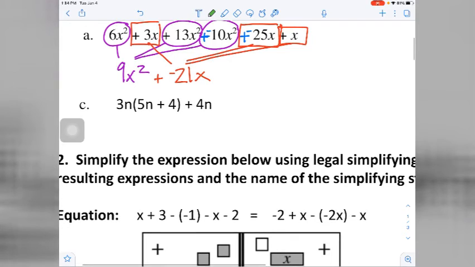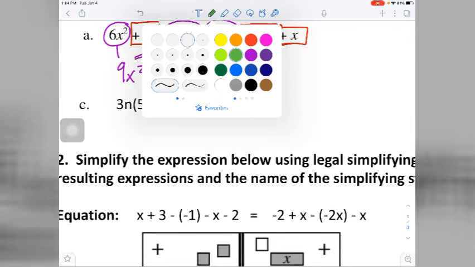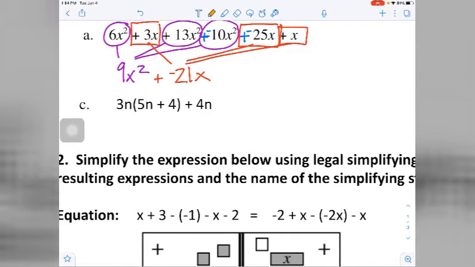All right, problem 3. This one was the HP one for this section. I threw a little trick at you by throwing an extra n out here. Most students knew to do 3n times 5n and 3n times 4, but we're getting confused about what to do in that case.